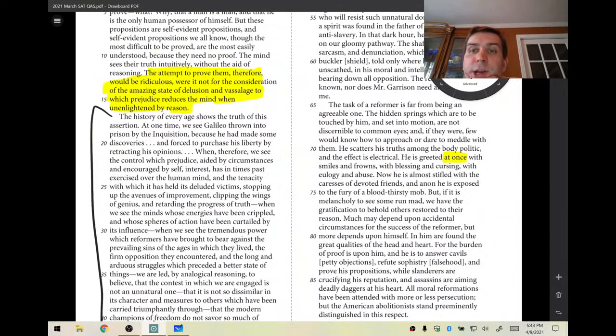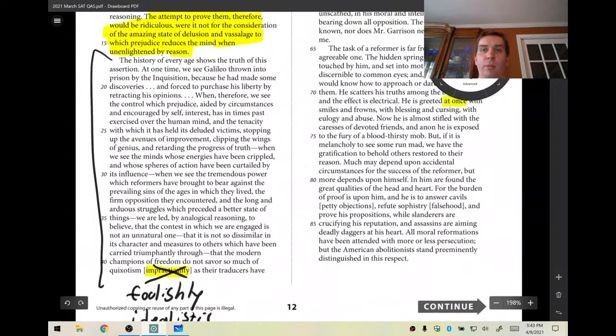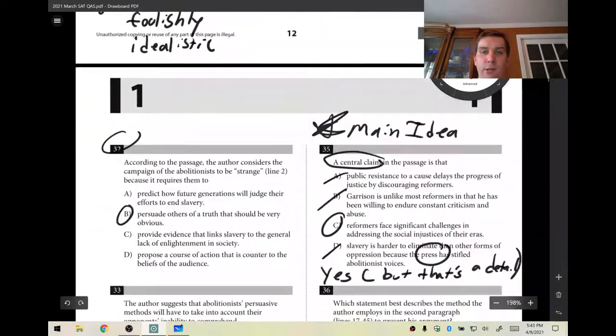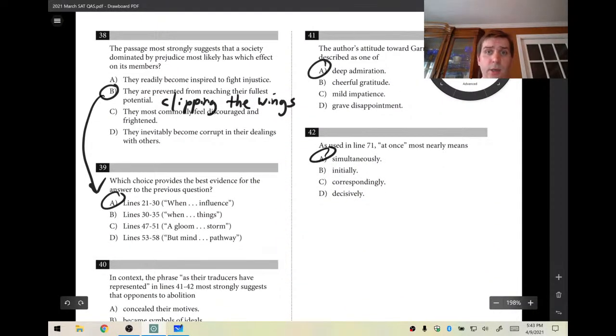He is greeted simultaneously with smiles and frowns, with blessings and cursing, with eulogy and abuse. Now he is almost stifled with the caresses of devoted friends, and anon he is exposed to the fury of a bloodthirsty mob. So does at once mean simultaneous? Yes, it does. So that was the answer choice A. The others would produce gibberish if you read them back in the sentence.